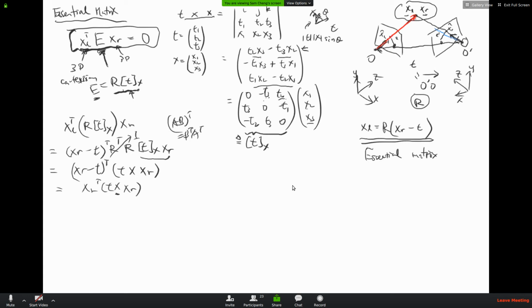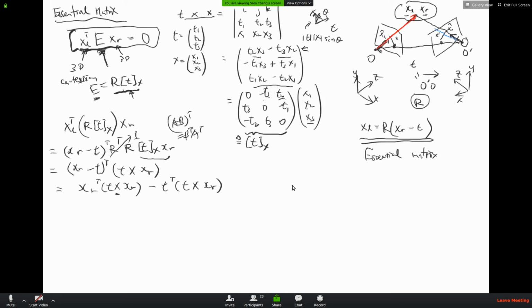This is times, this is cross product. Maybe I use another writing for the cross: xr, cross, xr. Minus T transpose T multiplied with xr, right?